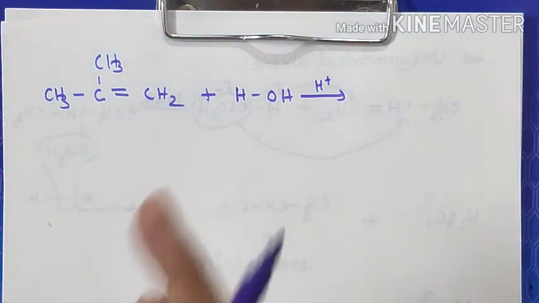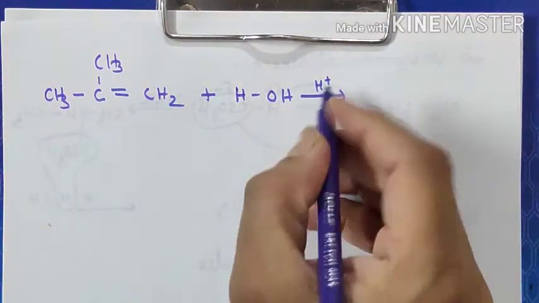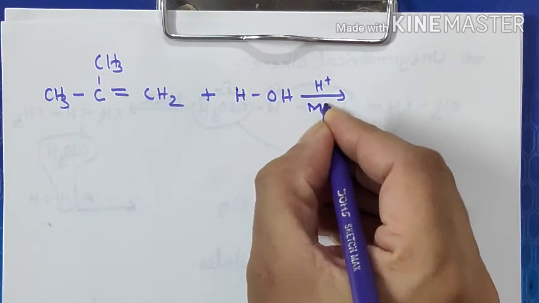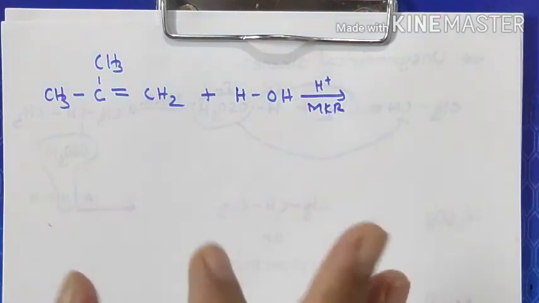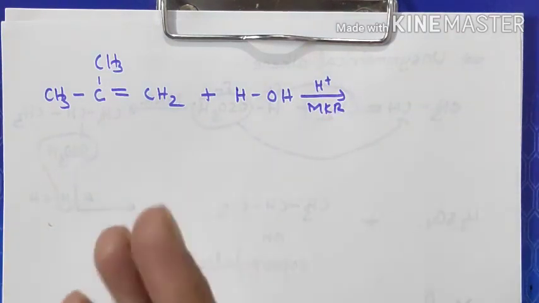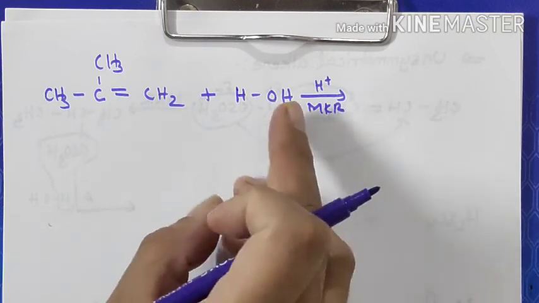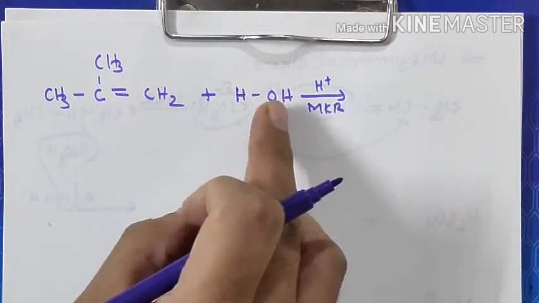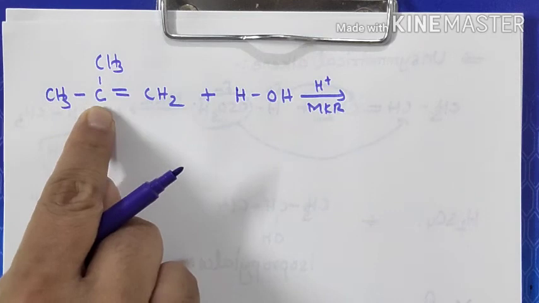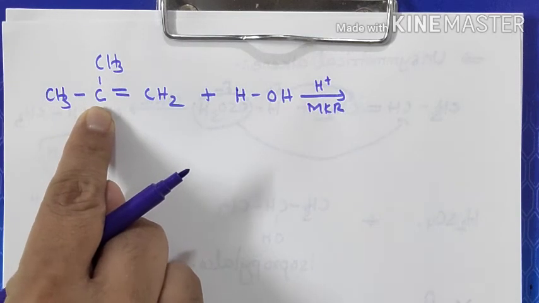But how are you going to add water? Very simple. You have to think about the Markovnikov Rule, student. If I think about the Markovnikov Rule, obviously this OH is going to attack the carbon which has less hydrogen. This one has no hydrogen, so the least hydrogen.